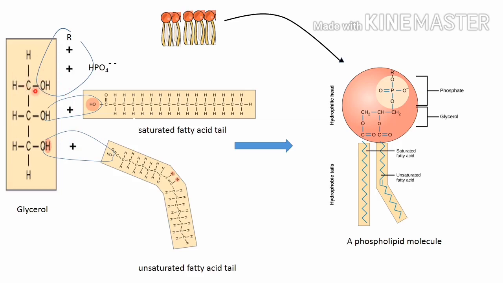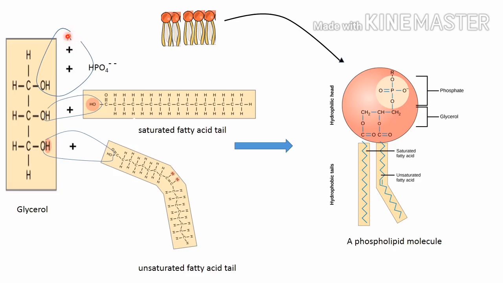The third carbon of this glycerol has one phosphate that is negatively charged. Besides this, it has an R group that will come later on, such as choline, phosphatidylethanolamine and serine, whatever side chain R molecule is present.